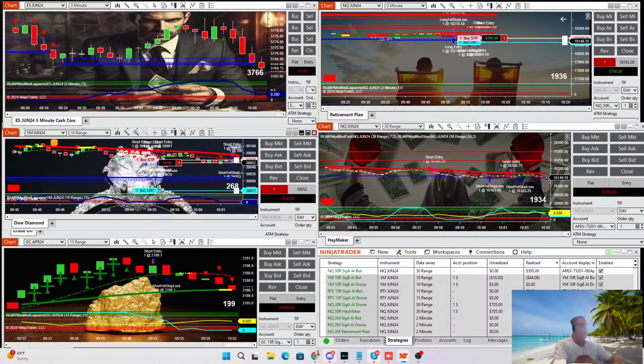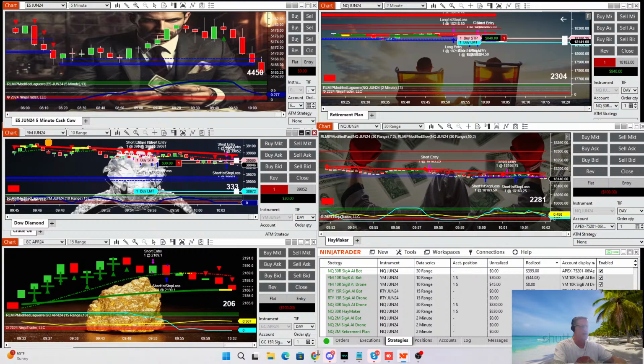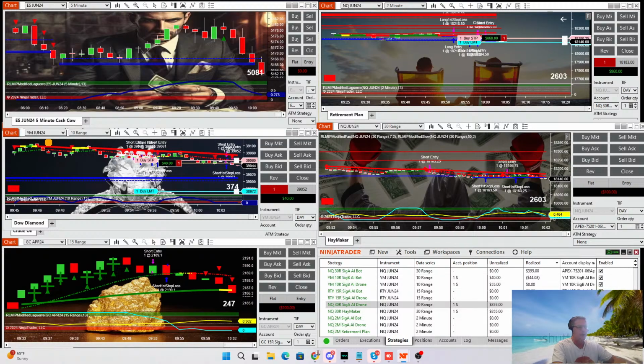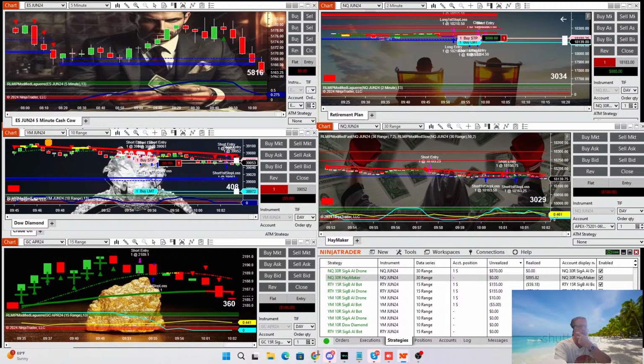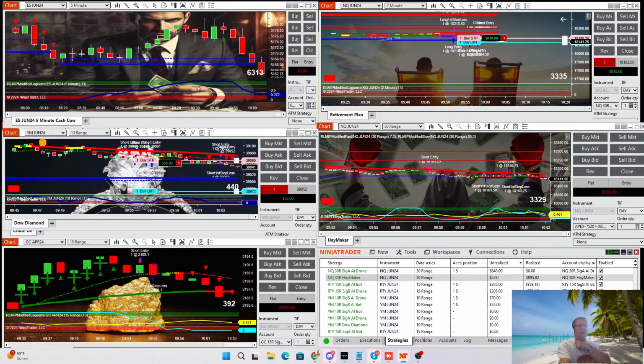Keep an eye on that YM. I'm curious to see how gold is doing. Looks like it's down a little bit. Here's a big trade on the signal A. Looks like it's going to continue to the downside.